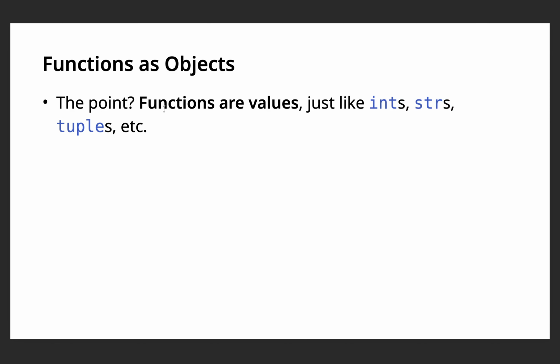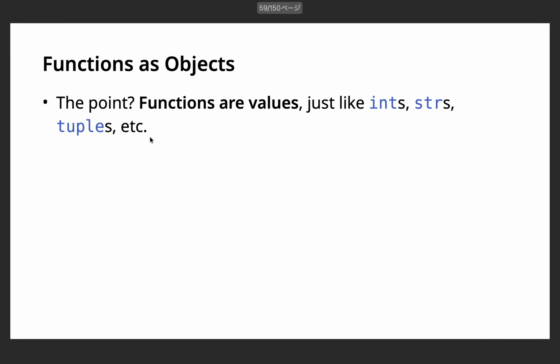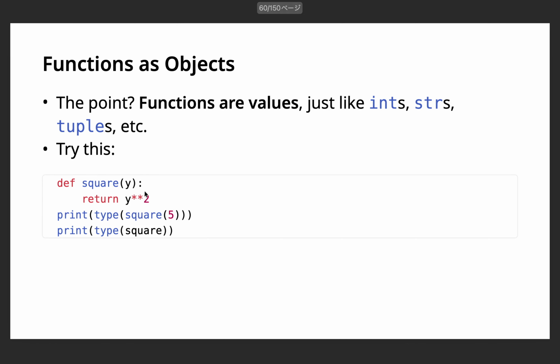The main idea now is that these functions that we've been making all this time, all of them are also values. So if we try to define a function, let's say square of x returns x squared, and we try to print the type of square, you'll see that this has its own type. This is a value with a type of function.